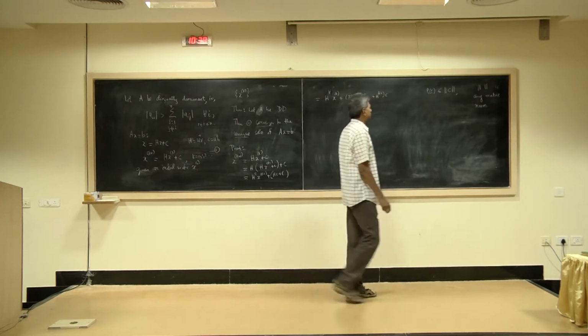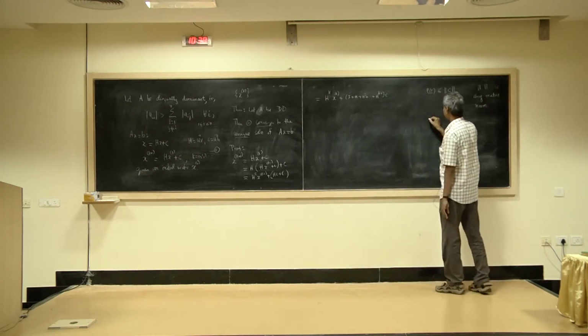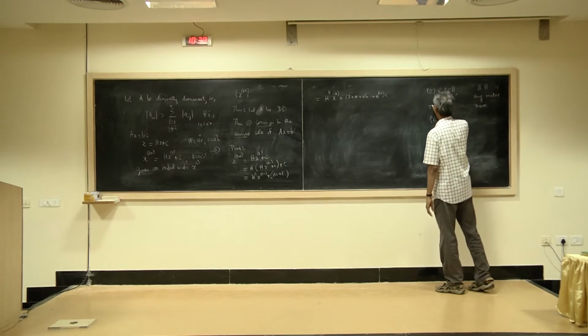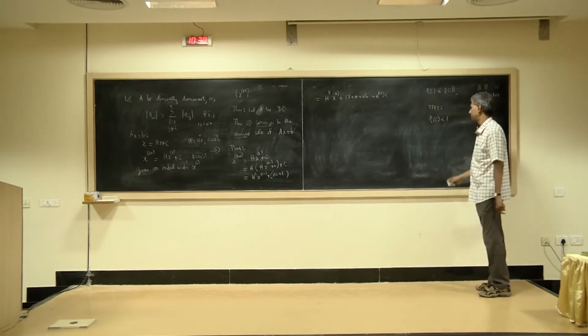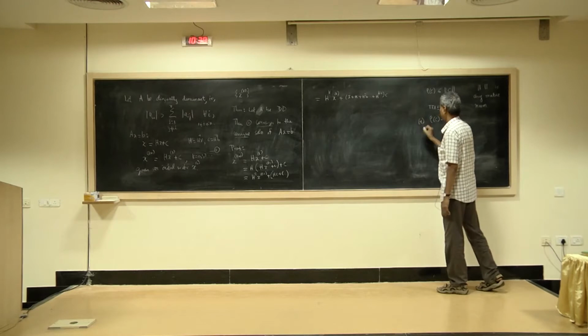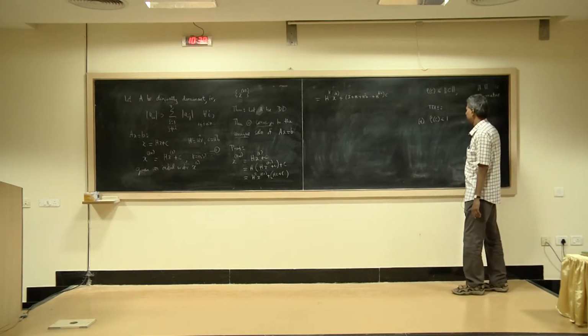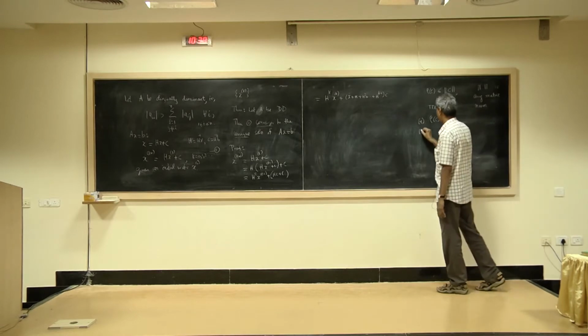What I'll also be using is that the following are equivalent, and I noticed that this is also given in your handout. The following are equivalent. Statement A: the spectral radius of C is less than 1.